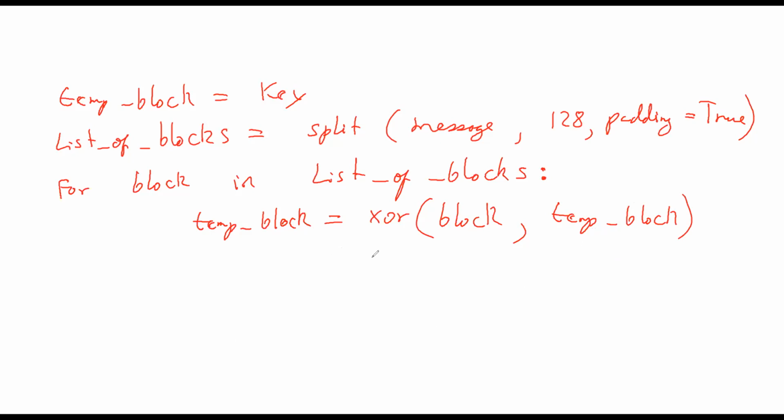The third iteration, I take the next block with the result of the previous one, and as you can see, I'm XORing everything in this loop, and at the end of the day I have the whole message XORed plus the key. And then at the end, I'm done. Once I've XORed everything, I'm just going to return temp block, and that's going to be my hash value.